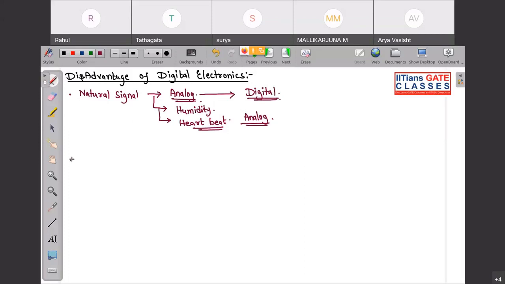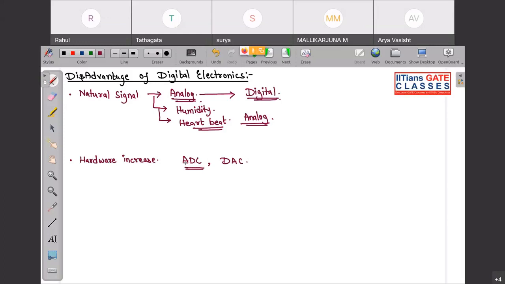The second problem is that hardware increases. Why? Because as we are processing natural signals, we need ADC as well as DAC, since any digital system requires digital input.